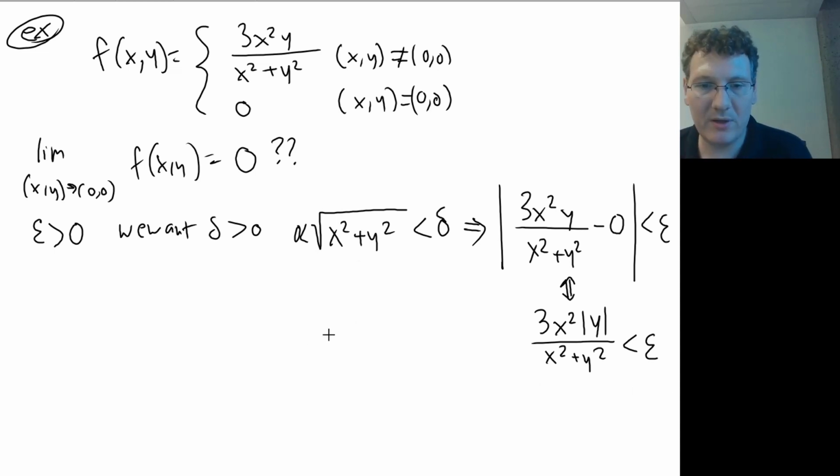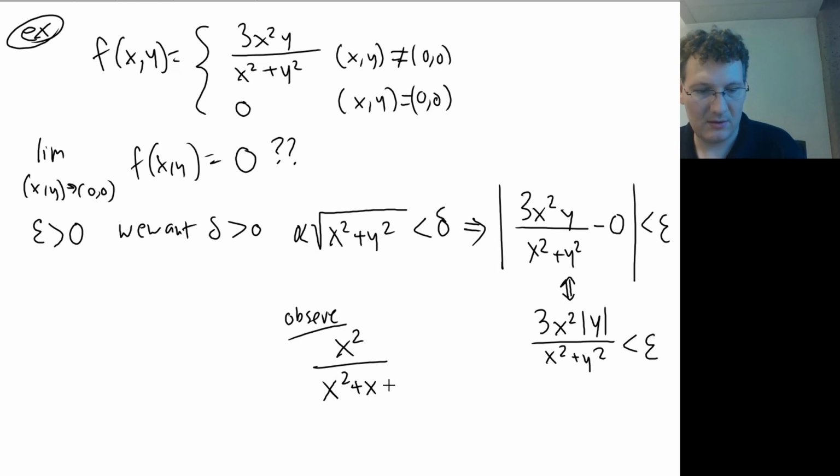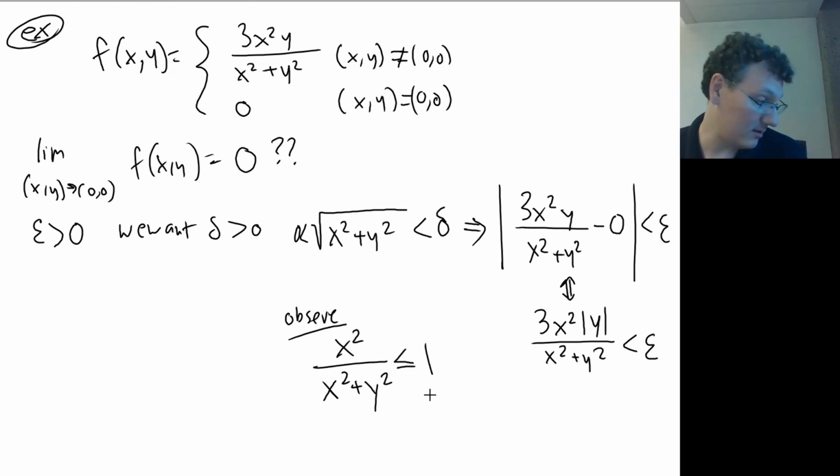We can observe that x squared, because it's in the denominator here, x squared plus y squared is no smaller than the numerator. So x squared over x squared plus y squared is less than or equal to 1.